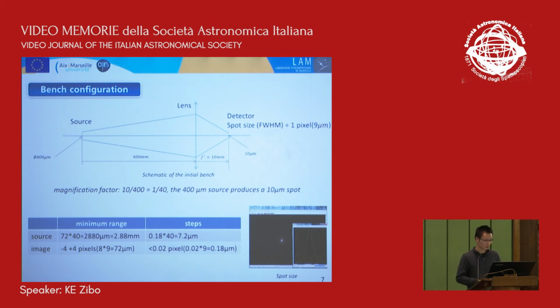But according to the magnification factor of the lens, a 360 micrometer source doesn't exist in the market currently. So we use a 400 micrometer source to produce a 10 micrometer spot now. But this does not affect the measurement of the parameters of the detector.